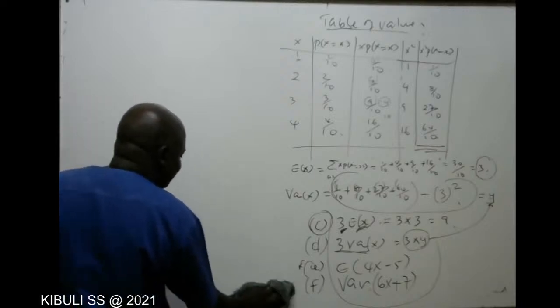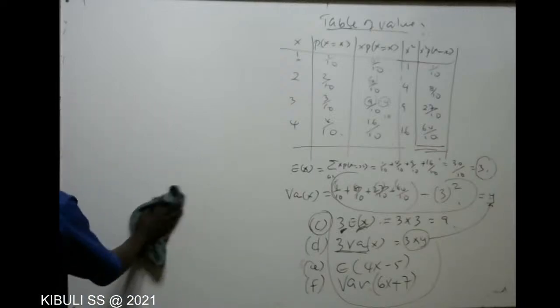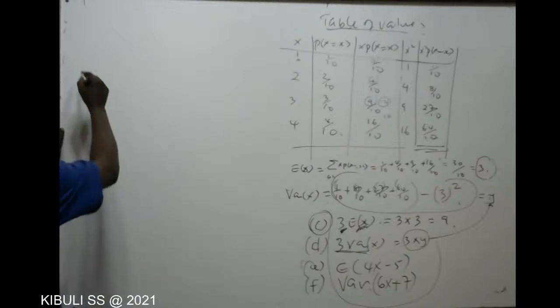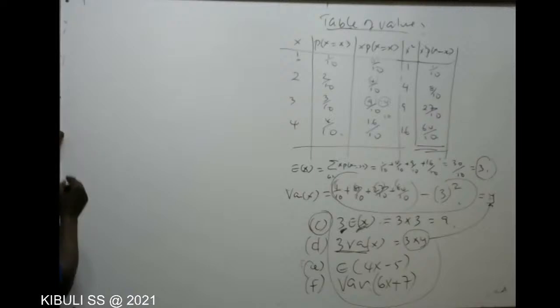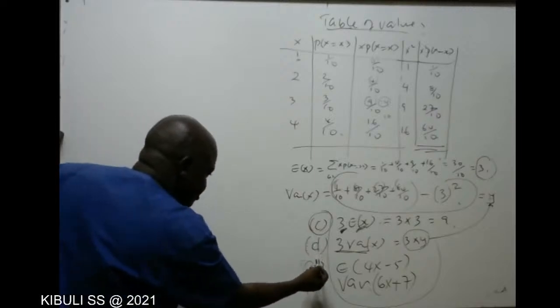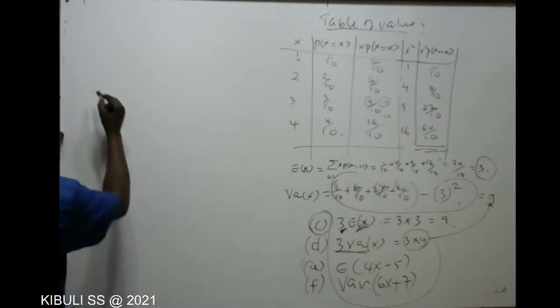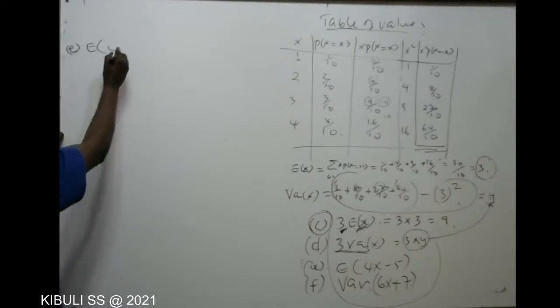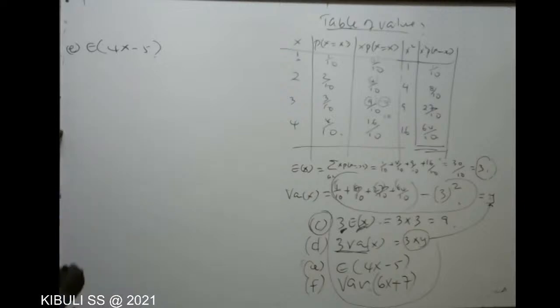We can generate as many questions as possible from those very concepts. We can say, now, for that B, C, D, E. So for E, our expectation of 4x minus 5. Now, don't forget that 5 is a constant.